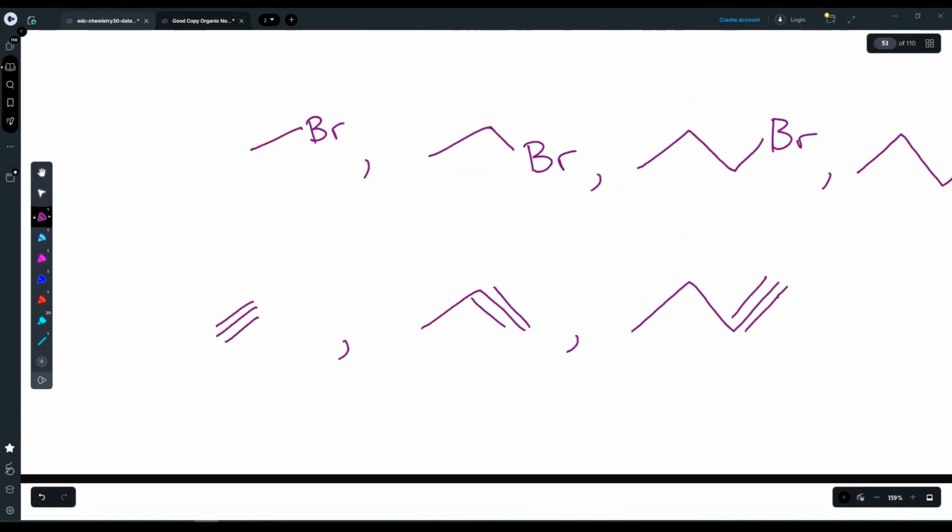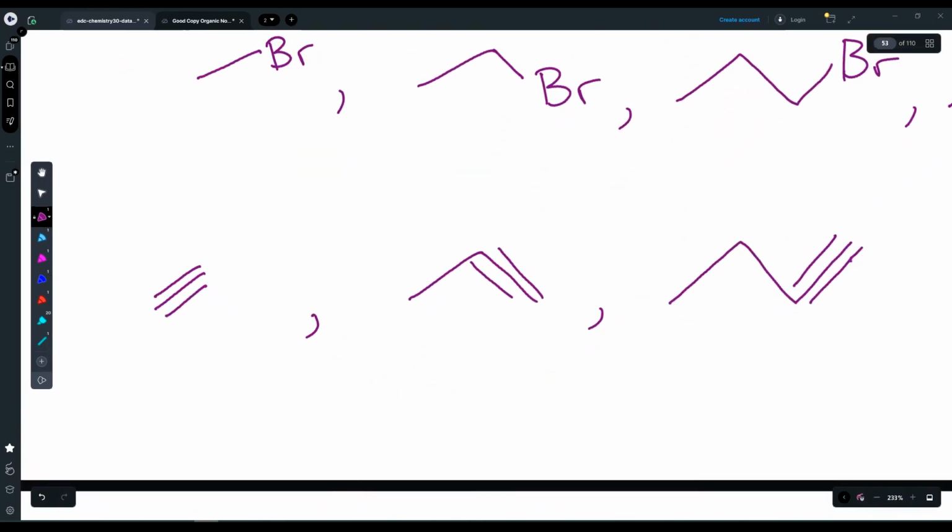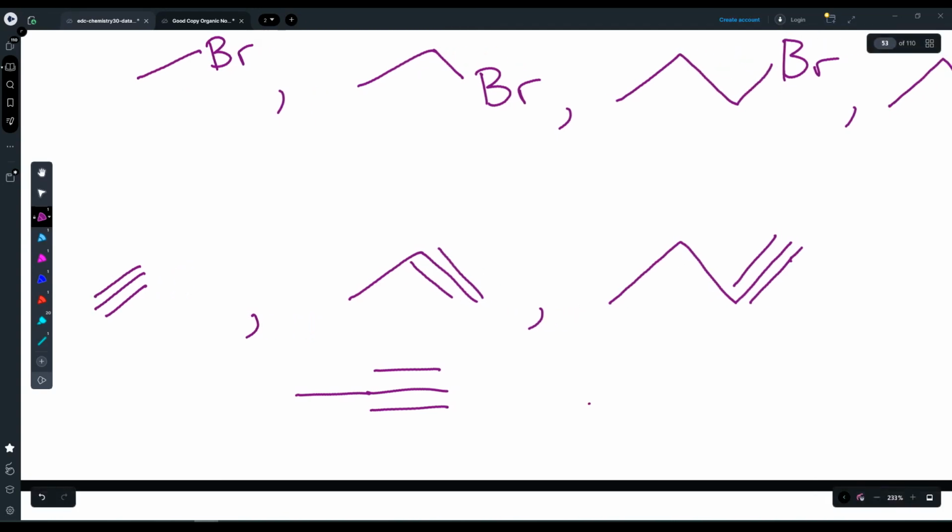Okay, so some things that kind of trip up students is that there's kind of alternative ways to draw some of these compounds here. And it's a little bit confusing for students to essentially count up their carbons.